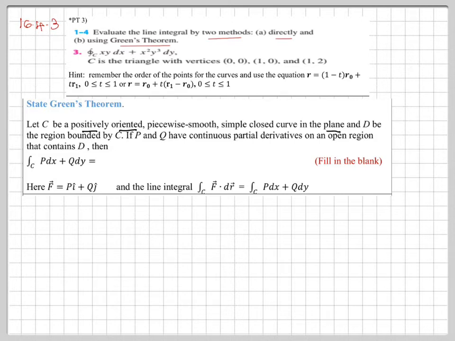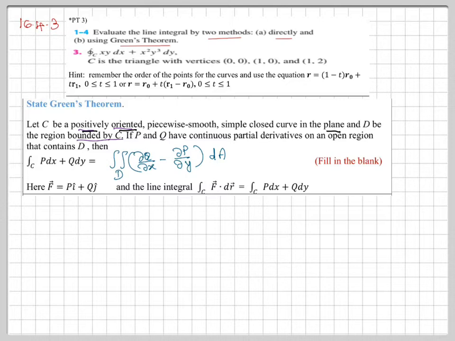If P and Q have continuous partial derivatives on an open region that contains D, then the integral over C of P dx plus Q dy equals the double integral over D of ∂Q/∂x minus ∂P/∂y dA. ∂Q/∂x is the partial derivative of Q with respect to x. ∂P/∂y is the partial derivative of P with respect to y.